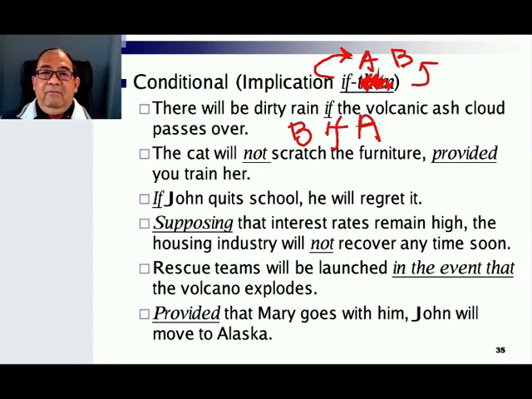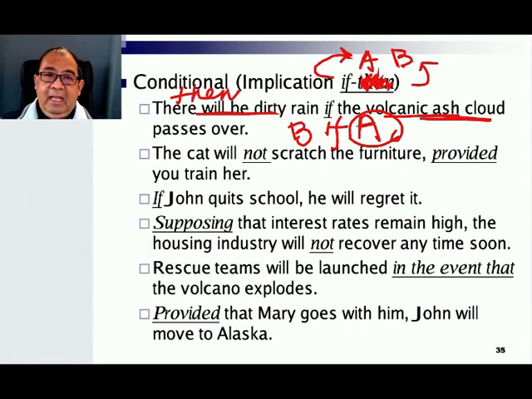There will be dirty rain if the volcanic ash cloud passes over. Now this is the reason: the volcanic ash cloud passes over. So this is A. If this A happens, then there will be dirty rain.